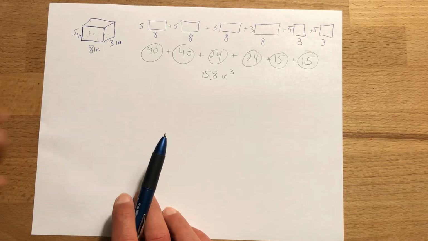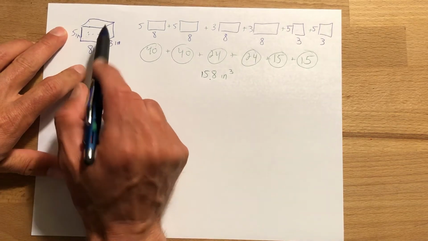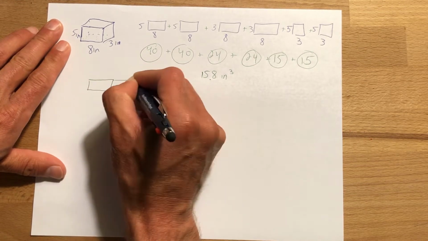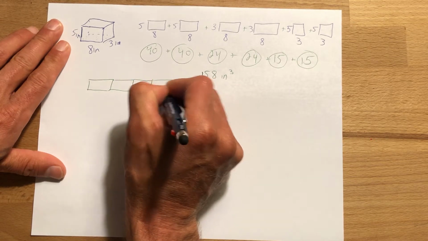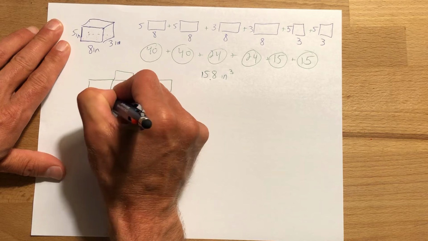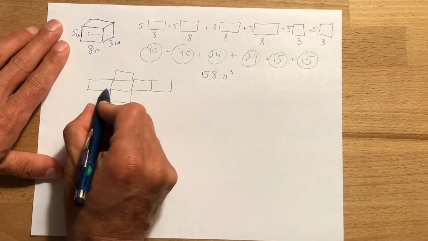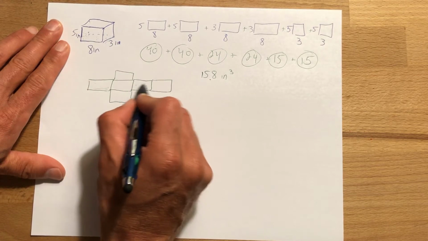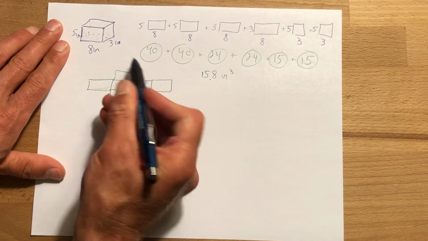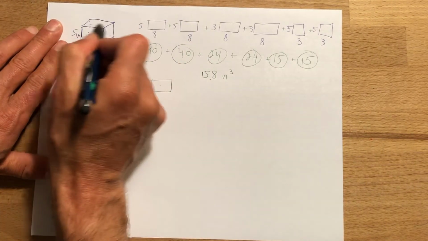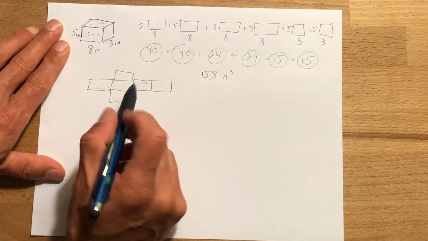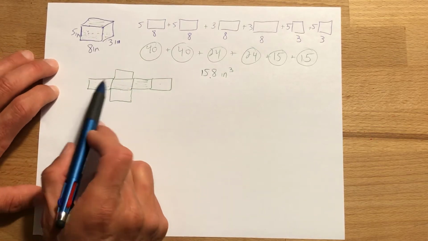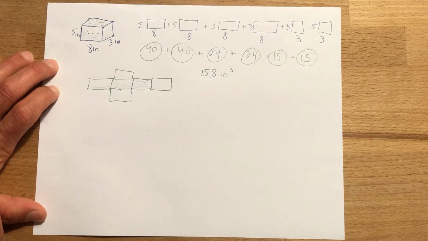So on the notes, if you were to unfold this, it would probably look something like this, where this part would be this, and this part would be this, and then when you fold this part over, you get the top. This is the bottom, and then if you fold these two sides up, you get the front and back side. This is an unfolded picture of this.